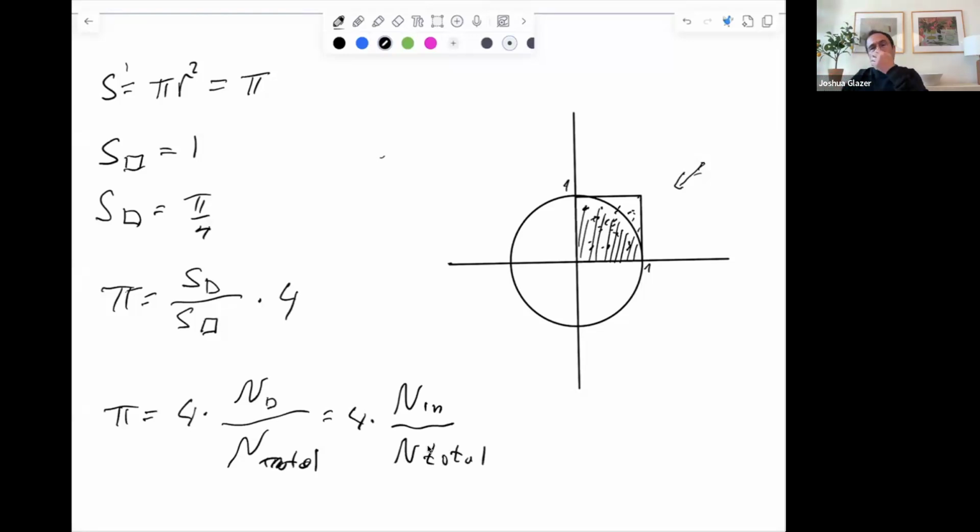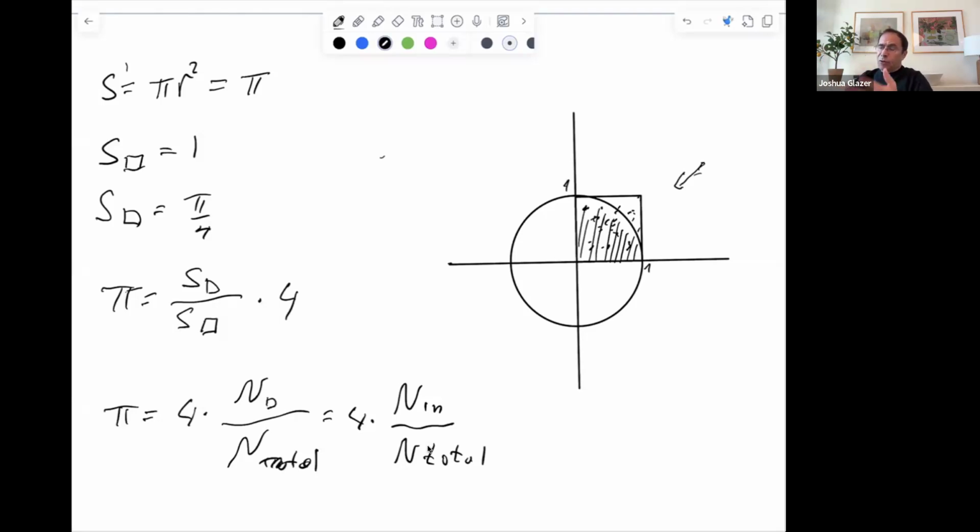So if we're able to shoot 100,000 darts within the square, count only the ones that fell within the quarter circle, divide, and multiply by 4, we should get pi. It's a very indirect way of doing it, but it's a very popular way of doing things in physics, in biology.